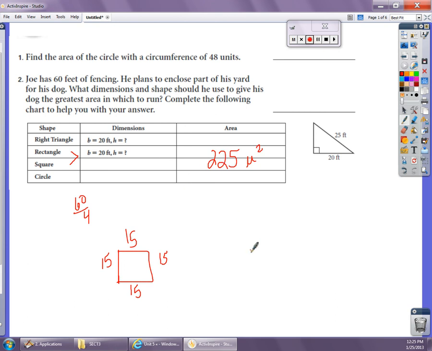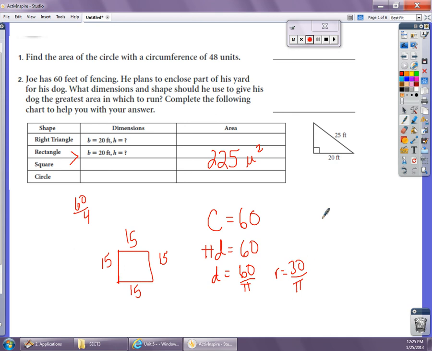For the circle, if the perimeter is 60, that means the circumference is 60. So we're going to do exactly what we did before and find out what the diameter would have to be. If I solve for the diameter, you get 60 divided by pi. If I cut that in half, you get 30 over pi, which is the radius.